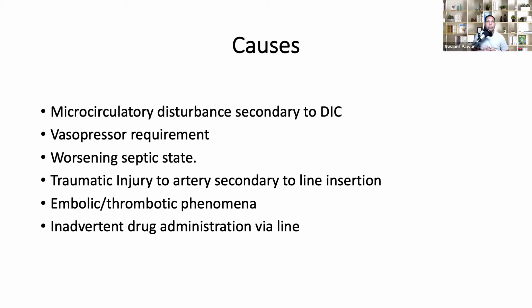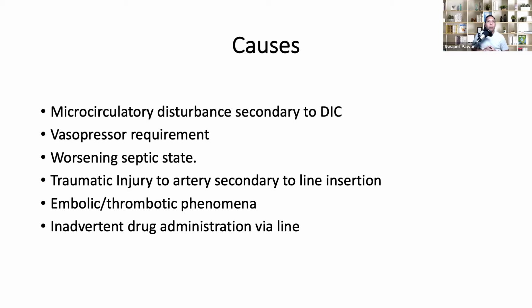It could be just because of the worsening sepsis. Given the context that this patient had a radial arterial line inserted overnight, it could be a traumatic arterial line insertion that has led to either a dissection or a flap, and that has led to ischemia.